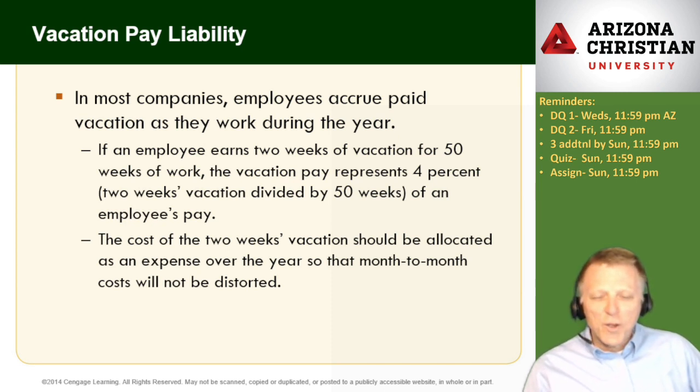As you work along, you accrue PTO time where your employer is accruing the dollar amount that goes with that. So vacation pay is not always known because a business is not always sure if all the employees are going to take some or all of their vacation during a particular accounting period. So most businesses will estimate the dollar value of that vacation time that's due to their employees.